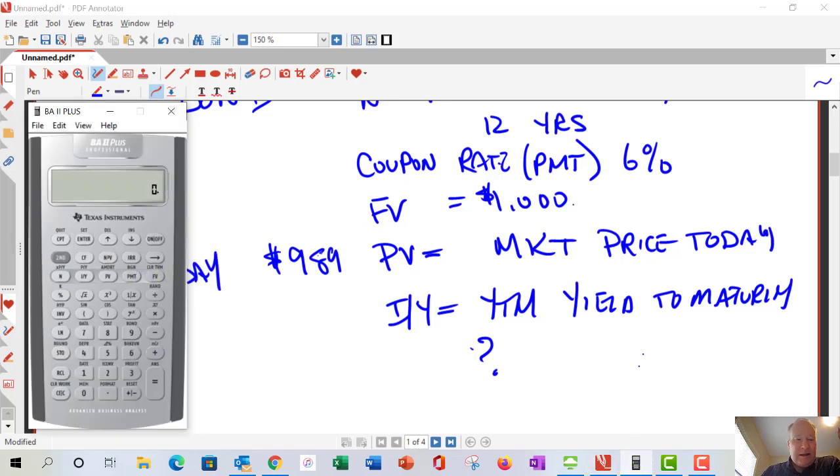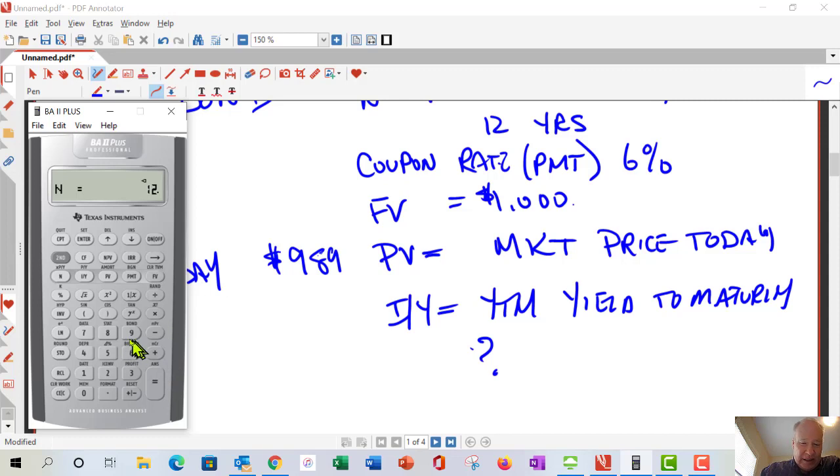Okay, so we can use our calculator to do this. We're going to use our time value of money key. So clear your time value. Okay, so we know N is 12, so I'm going to put 12 in for N. Okay, I don't know what my yield is. That's my IY. Next is my price today, present value.